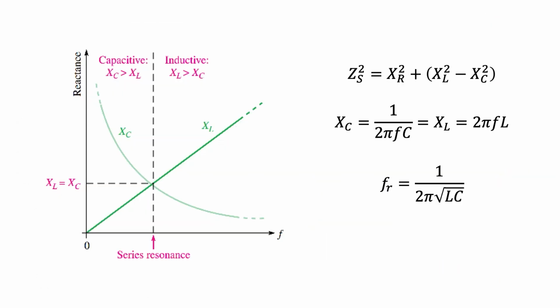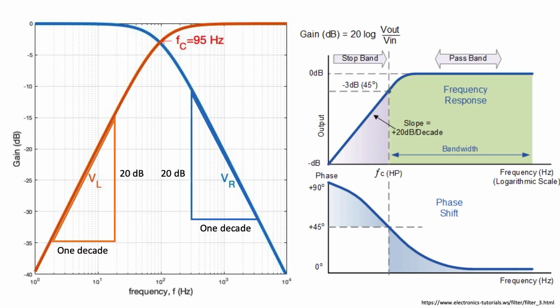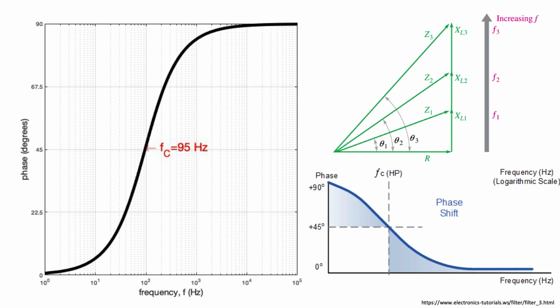Thus, at lower frequencies, you have a small XL corresponding to small phase angles, and at higher frequencies, you have a large XL corresponding to higher phase angles.